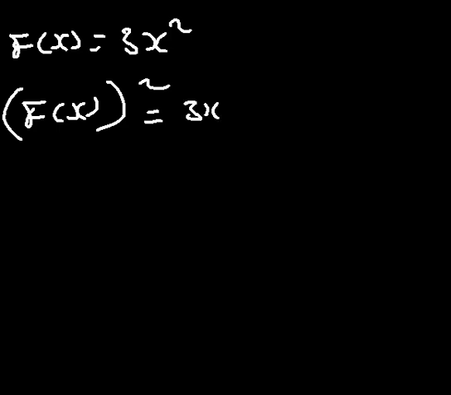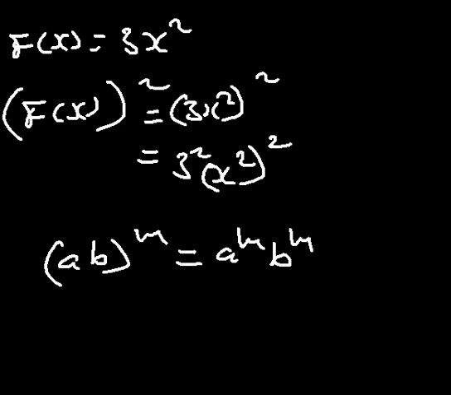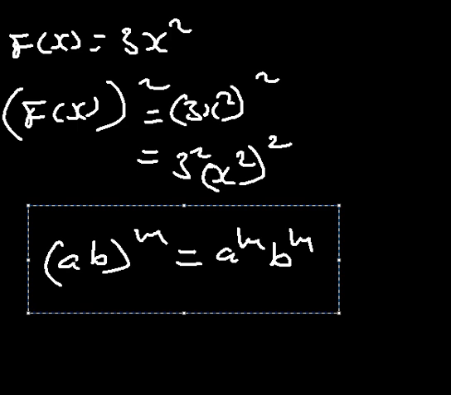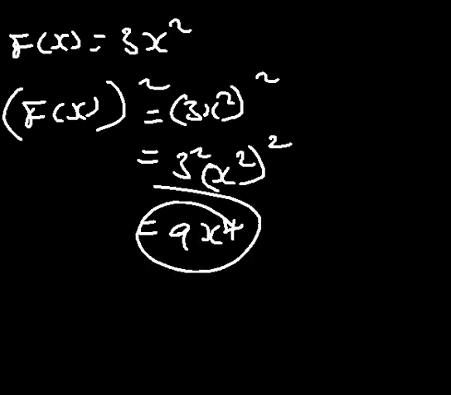So now have 3x squared to the power 2, which is the same as 3 to the power 2 and x to the power 2, and that times 2 as well, because according to the laws of indices, if we have ab and overall to the power m, this is the same as a to the power m and b to the power m. So have that understood. In that case, we have 9x to the power 4. So that's the analysis.